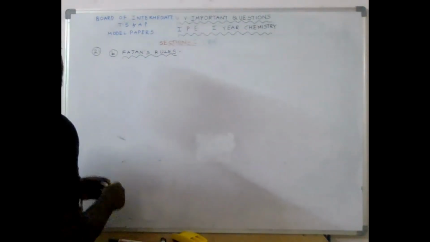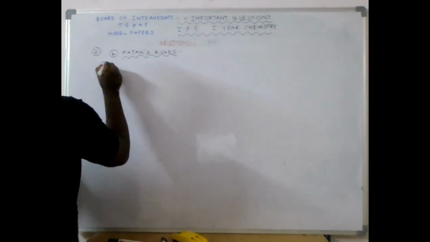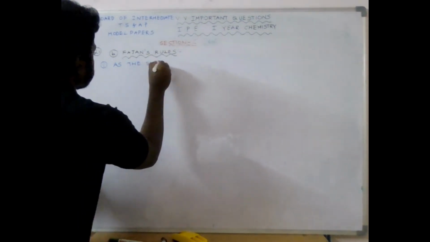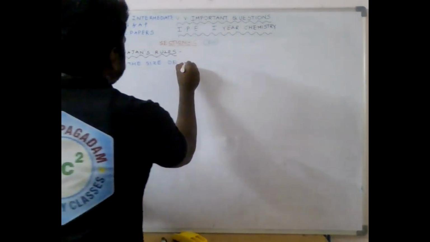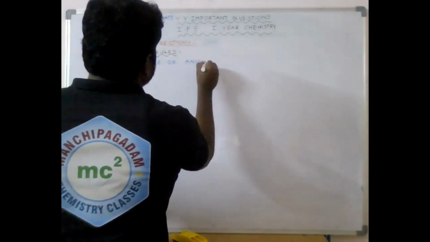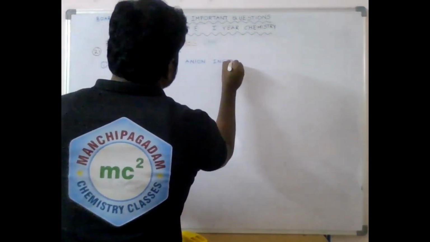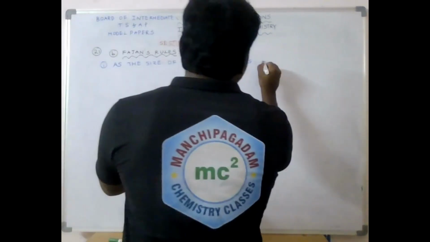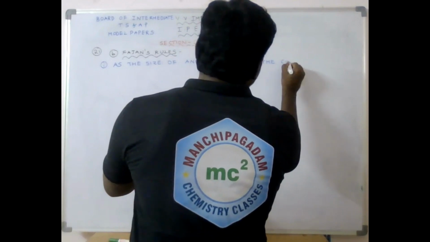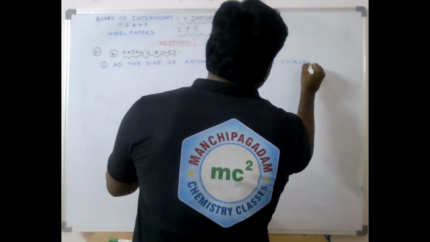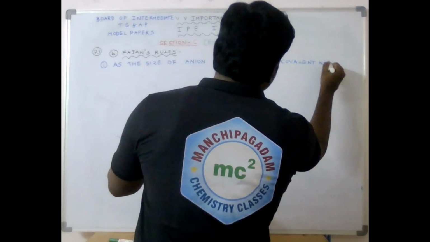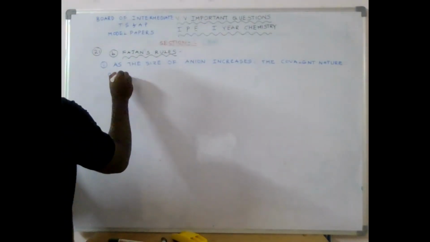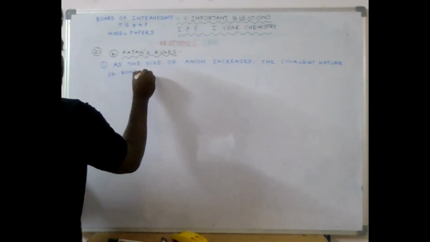The first rule is: as the size of the anion increases, the covalent nature of the bond also increases.